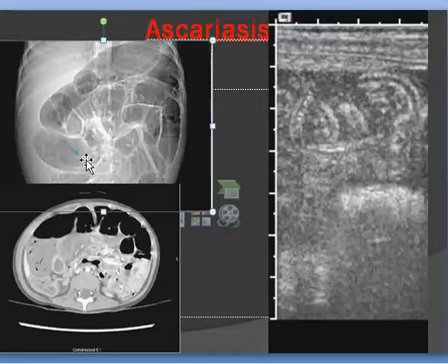This is one of them. And here, while swallowing the barium contrast, and here the view by ultrasound.